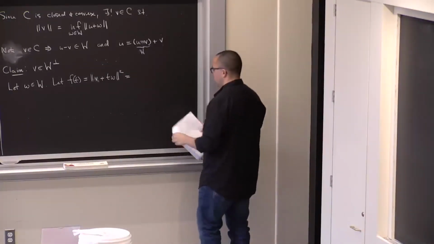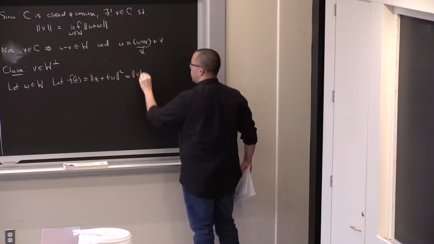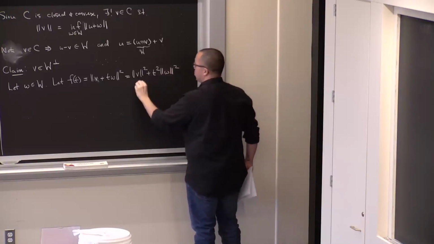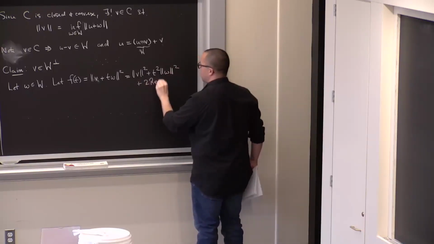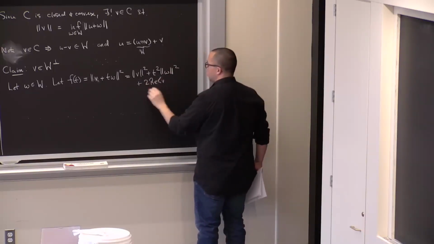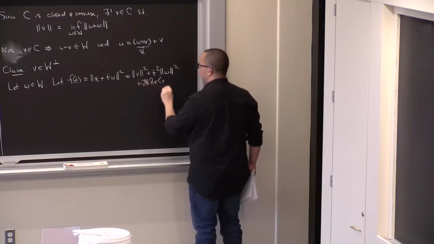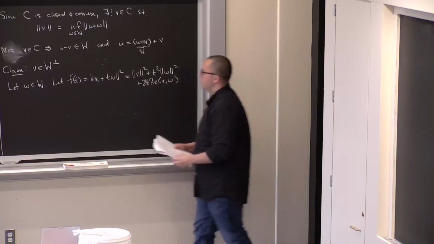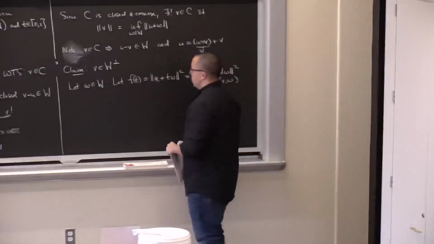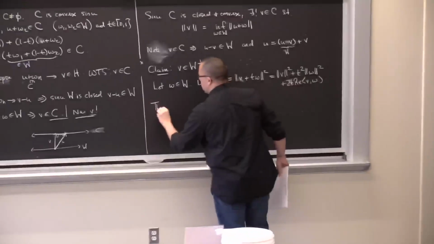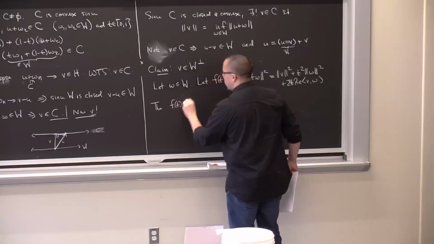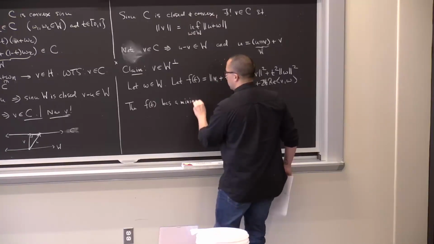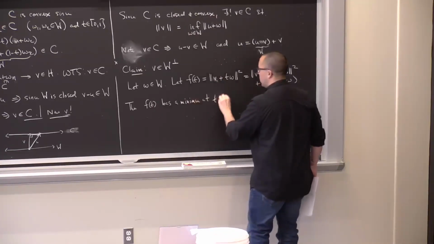This is equal to norm V squared plus t squared norm w squared plus 2t real part of the inner product of V and w. So it's just a polynomial. Now what do we know? Then f of t has a minimum at t equals 0, right?